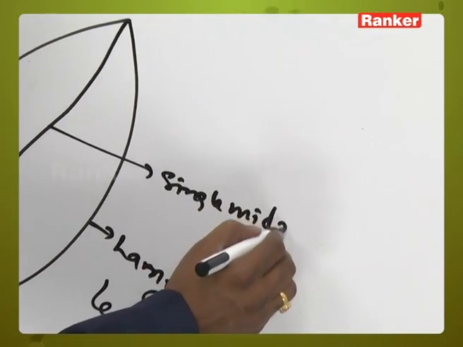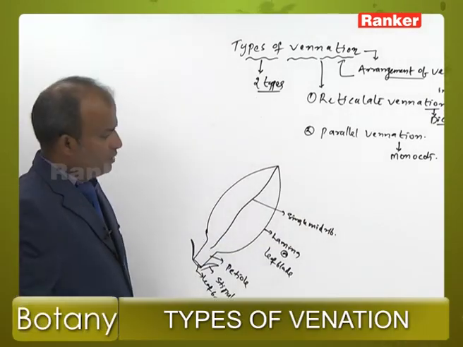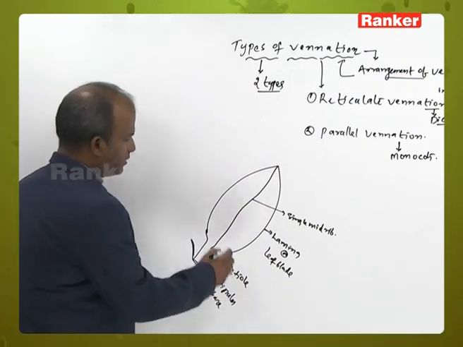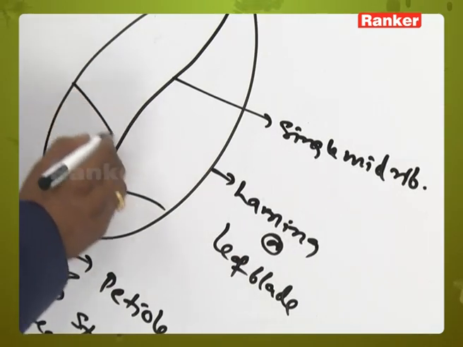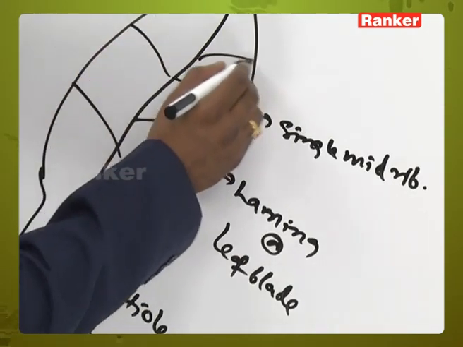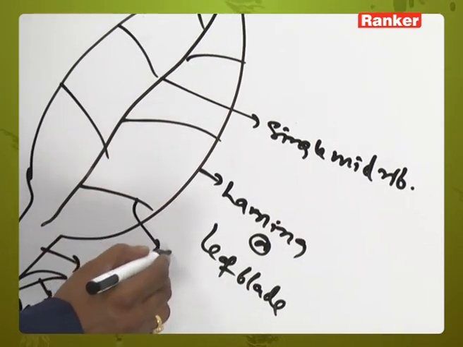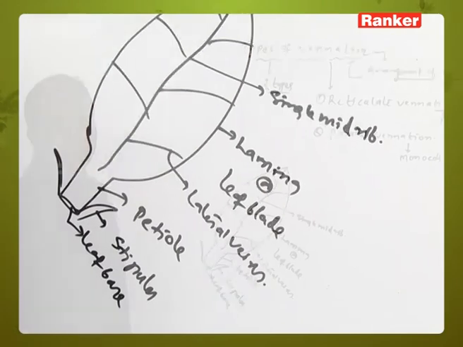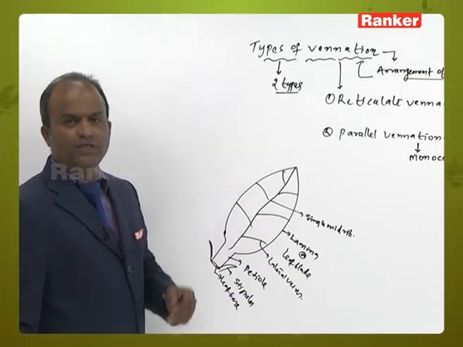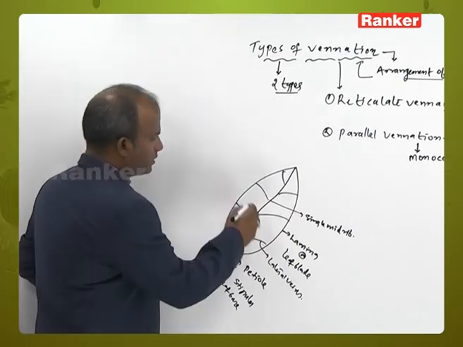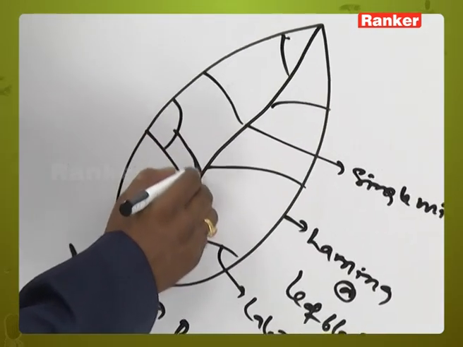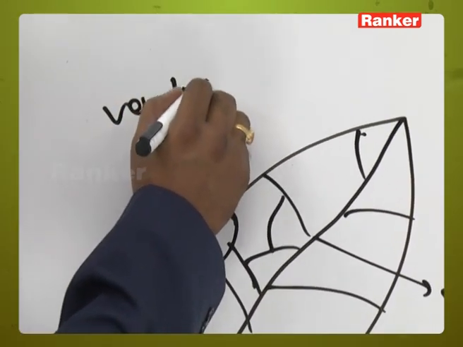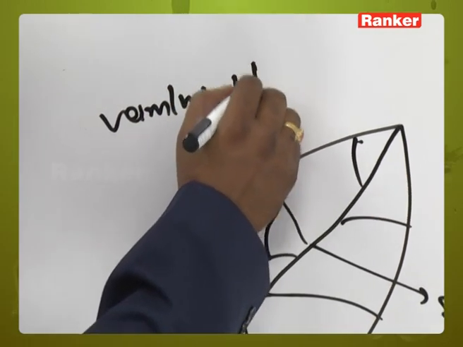From this single midrib, lateral veins arise. From these lateral veins, veins and veinlets develop.